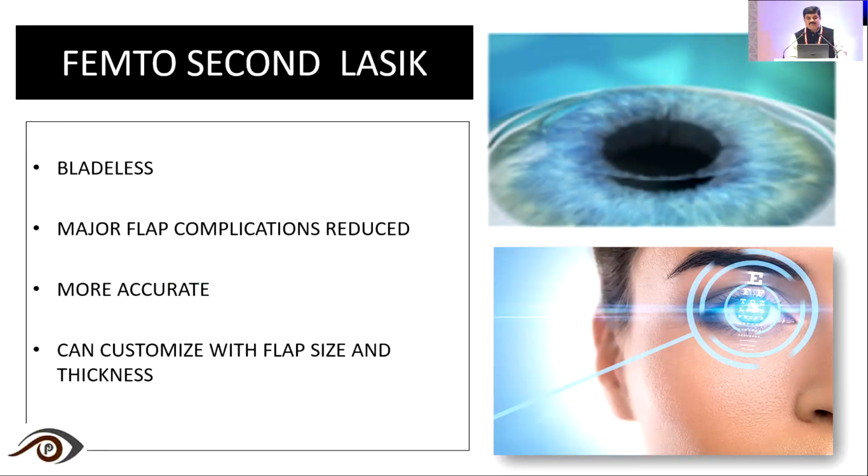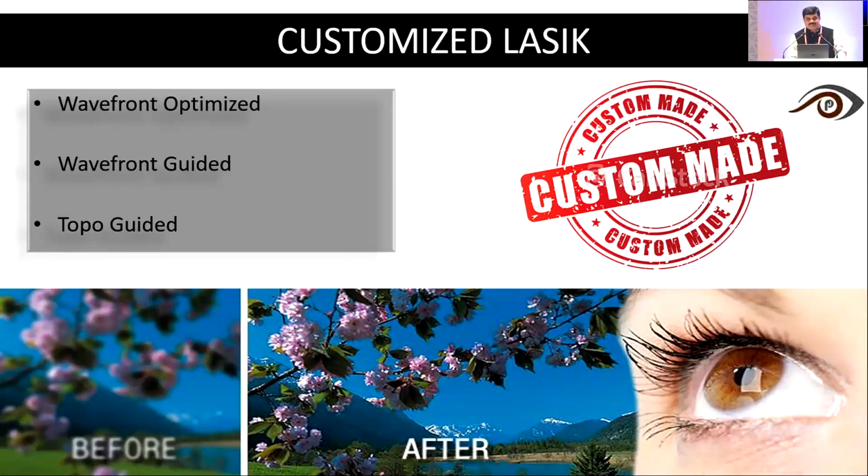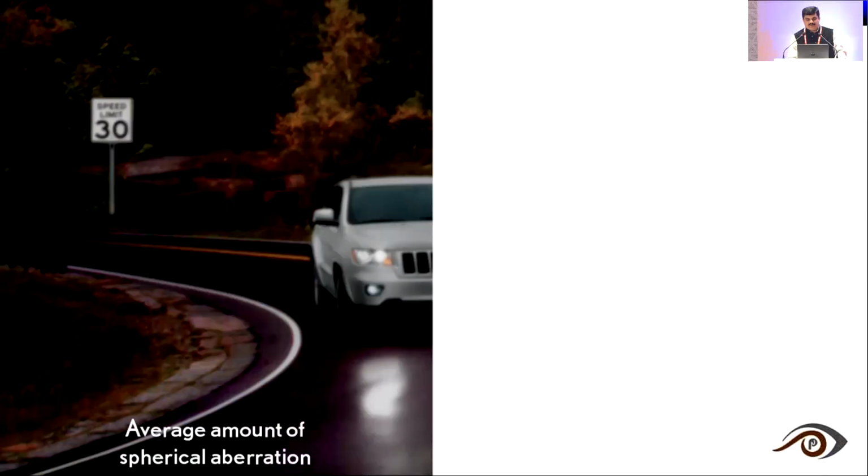This has been minimized with femtosecond LASIK, which is bladeless, more accurate, and can be customized with the flap size and thickness. Coming to customized LASIK, that is wavefront optimized, wavefront guided and topo guided.